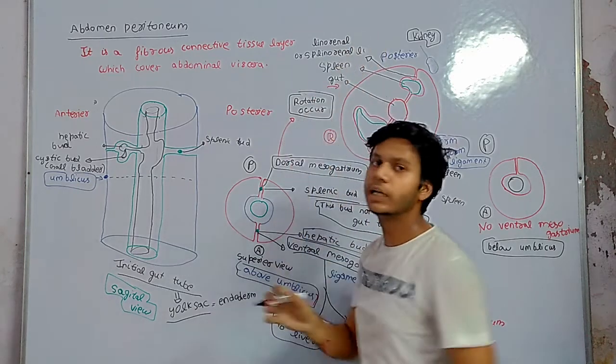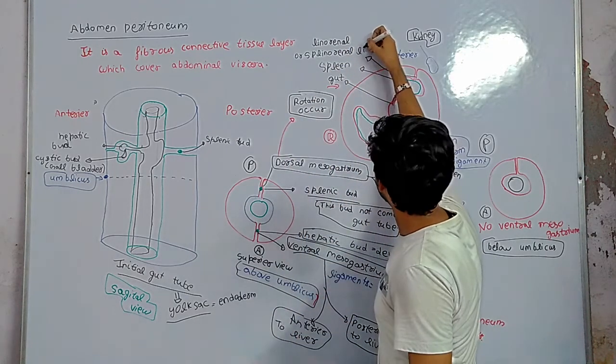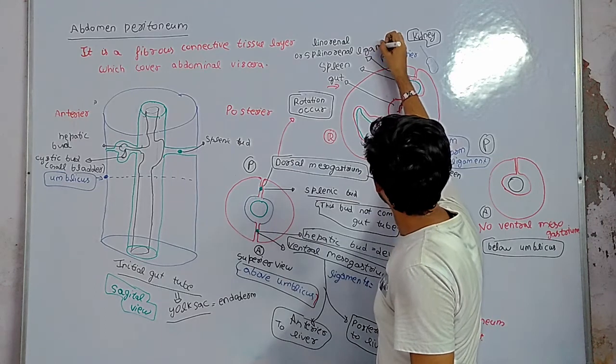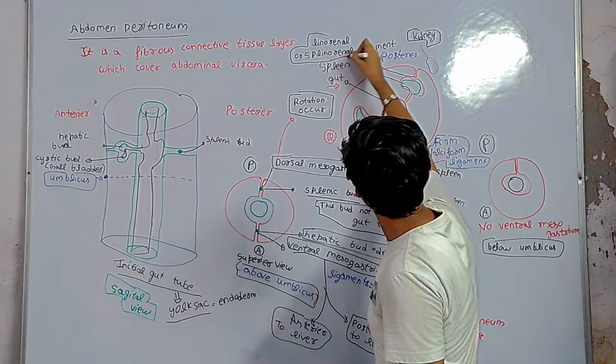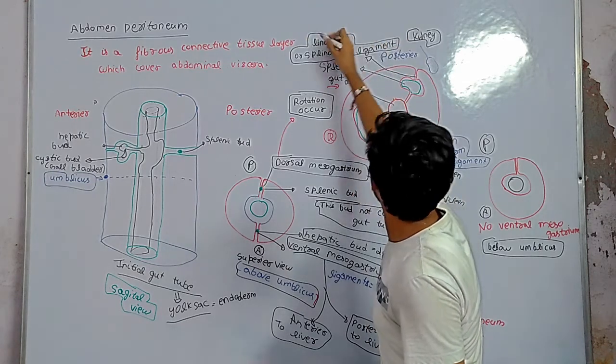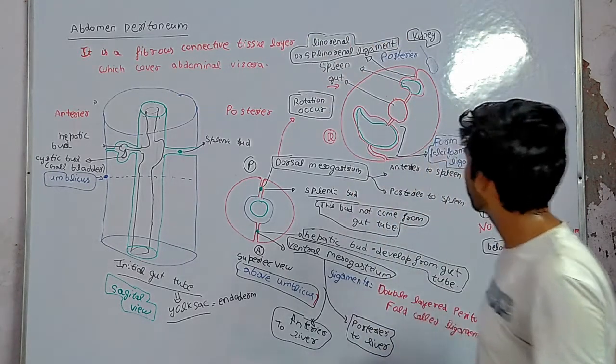Ligaments are nothing but a double-layer peritoneal fold. Ligament: lienorenal or splenorenal. Then two parts form completely.